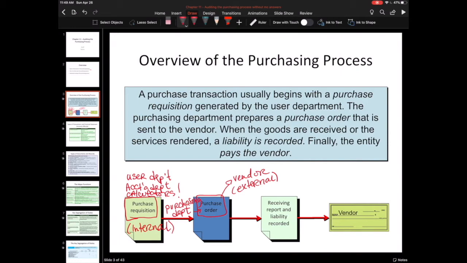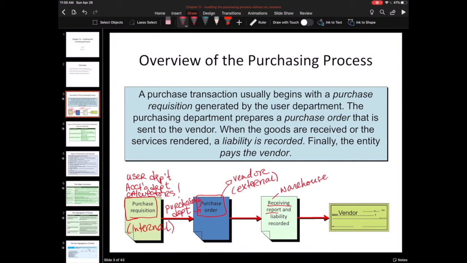So when they're received by the purchaser, they are going to fill out a receiving report. And so the receiving report will be filled out basically by the people actually in the warehouse or receiving dock area, and when the goods are actually received.